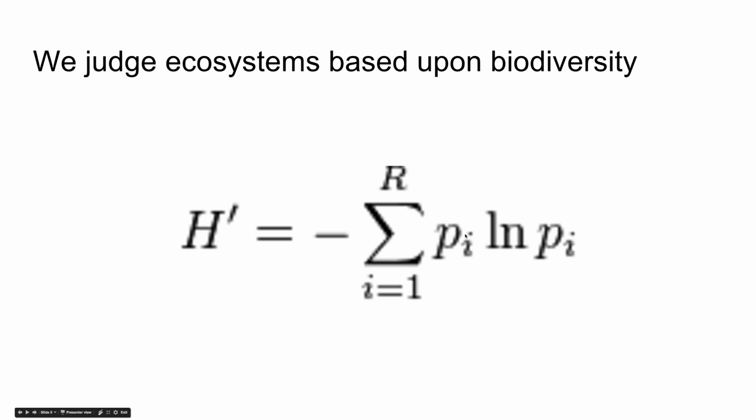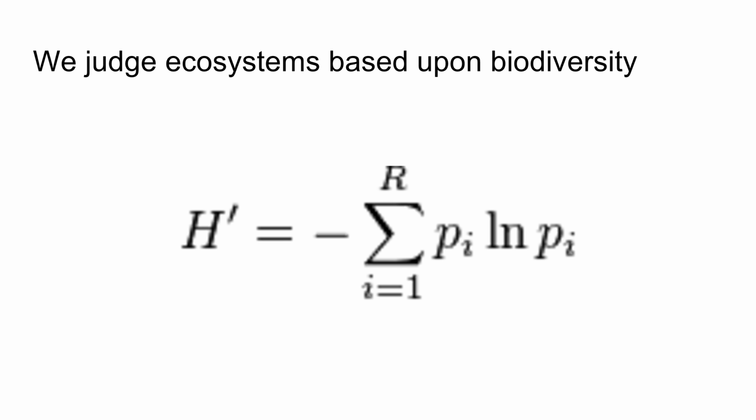So if I were to have one type of organism in a population or inside of an ecosystem, the proportion of that organism is 1. So p_i would be 1. The natural log of 1, you in the audience should immediately pop out and say, oh, the natural log of 1 is 0, which I'd say, good job.